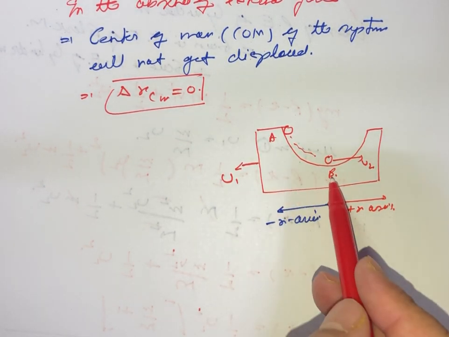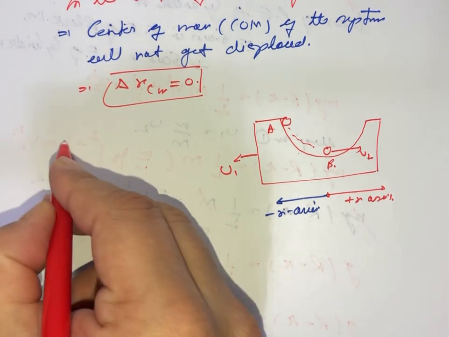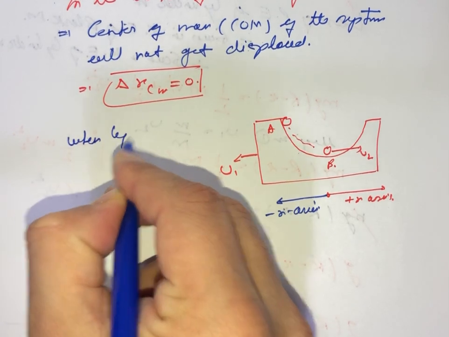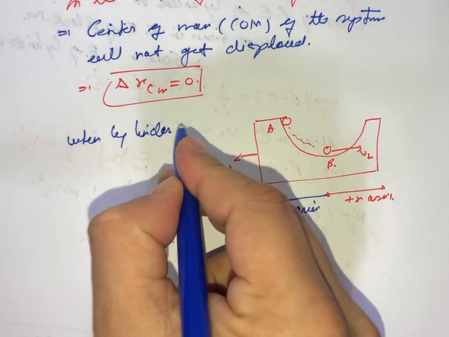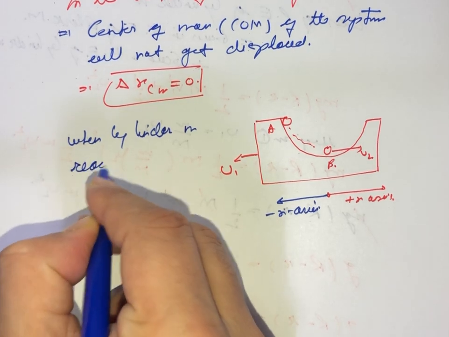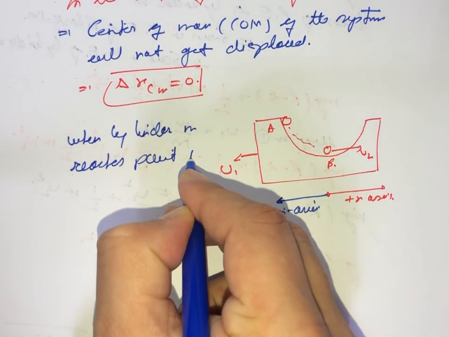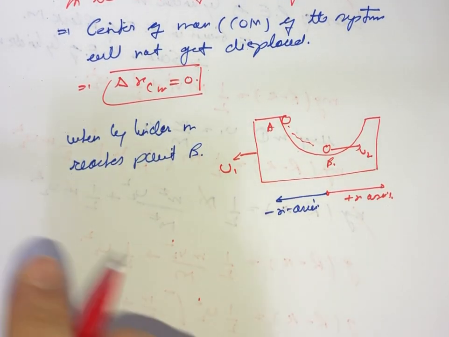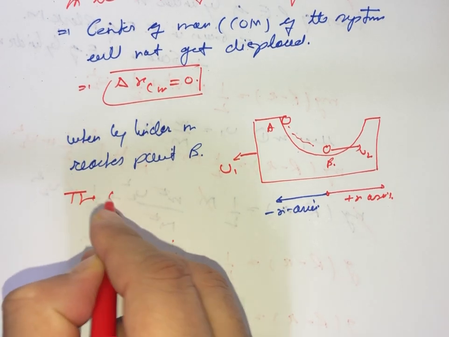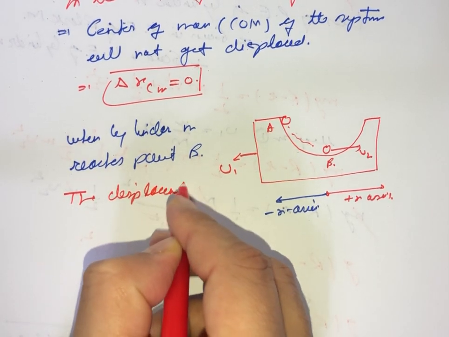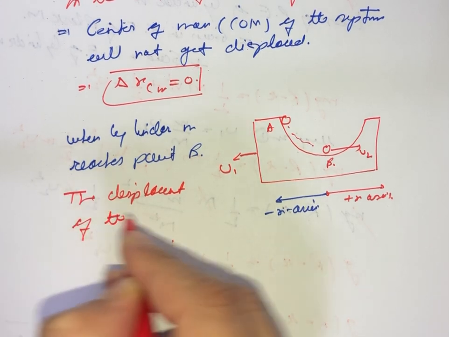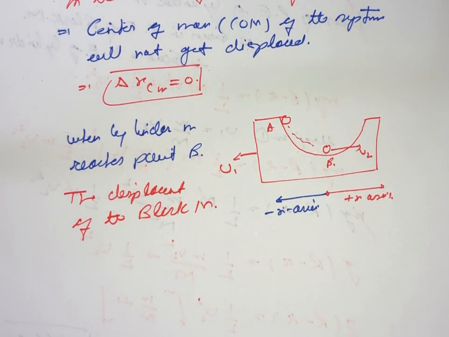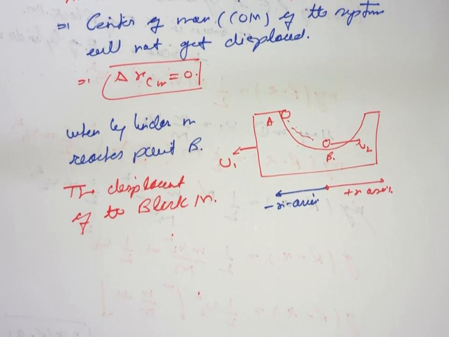So when the cylinder reaches point B, the displacement of the block capital M will be along negative x-axis.